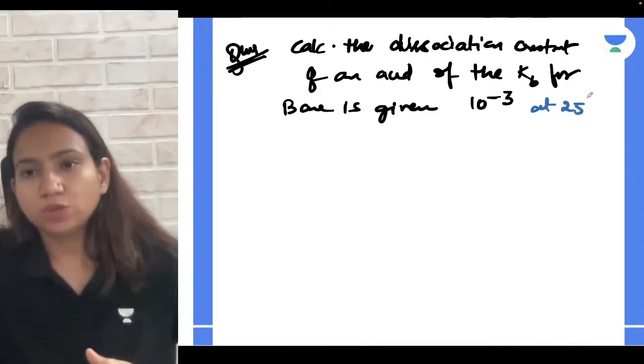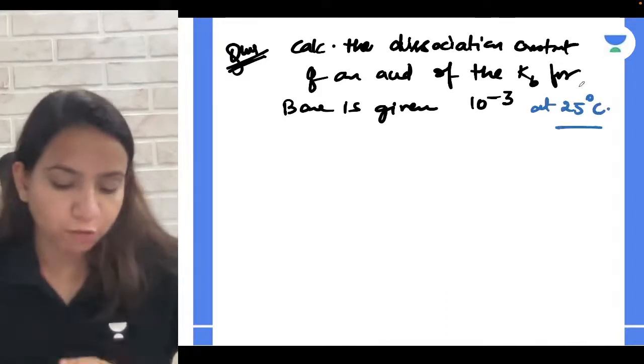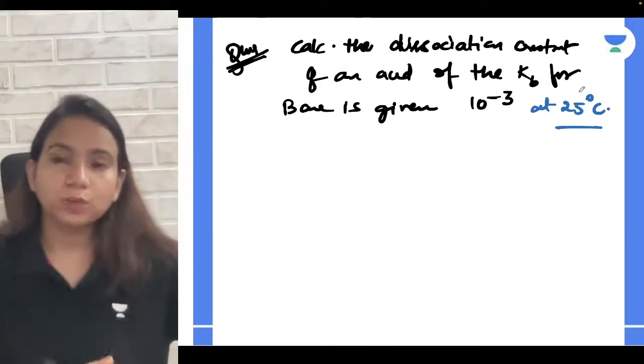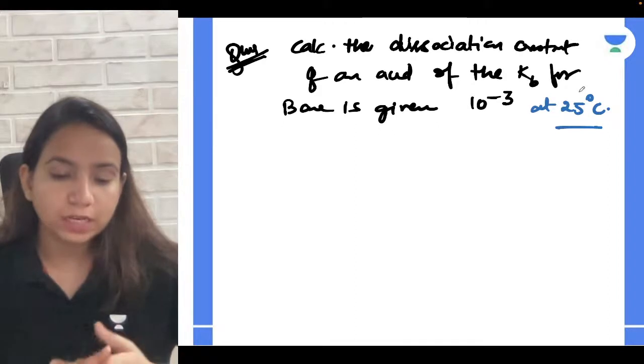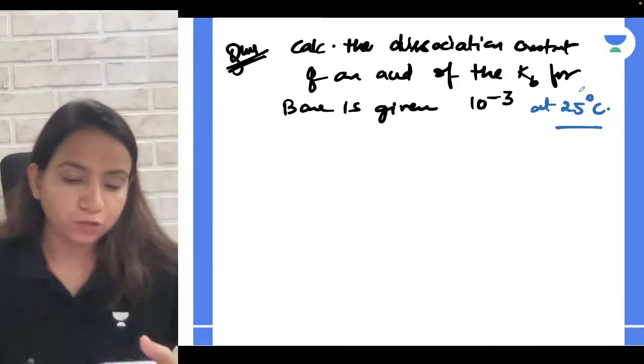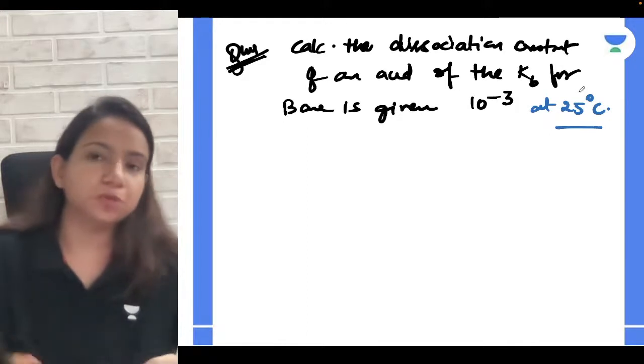If they don't mention it and don't give Kw, you have to consider 25 degrees Celsius only. It's very simple. You have to consider room temperature. All of you should make sure that you're considering room temperature.